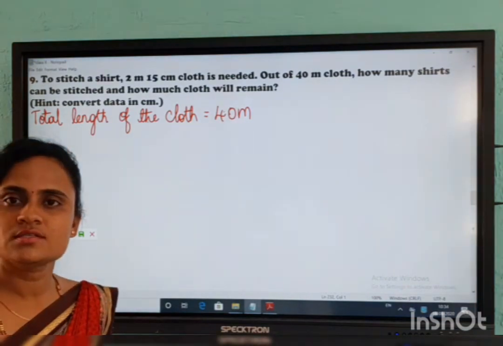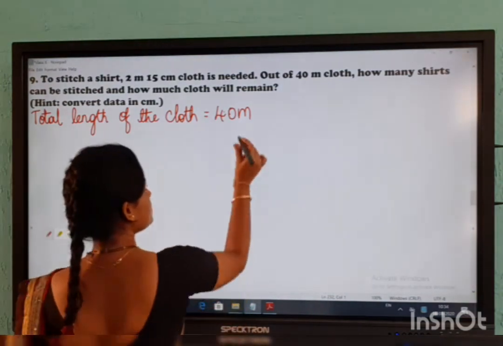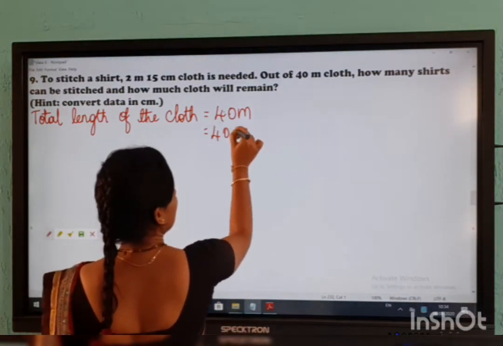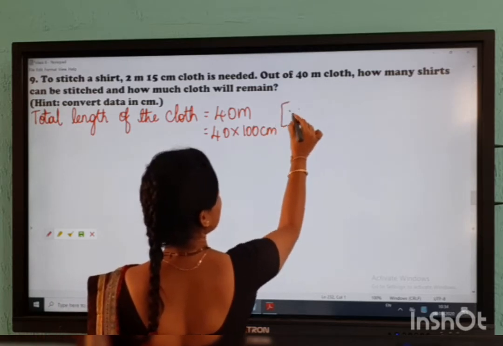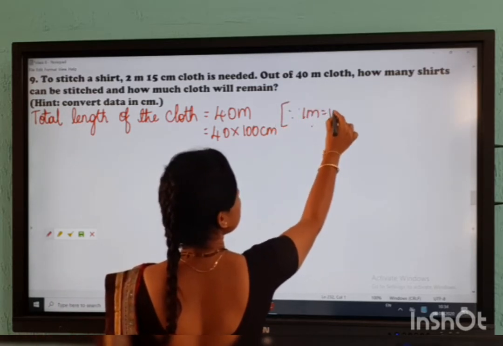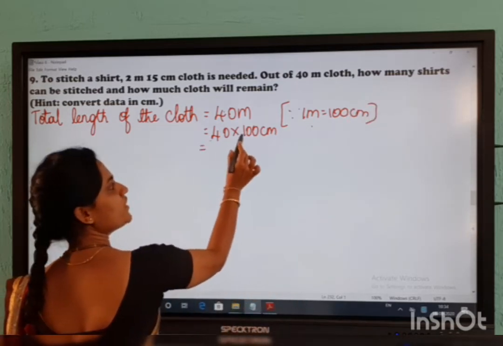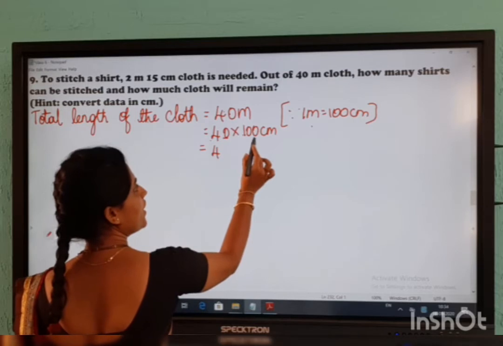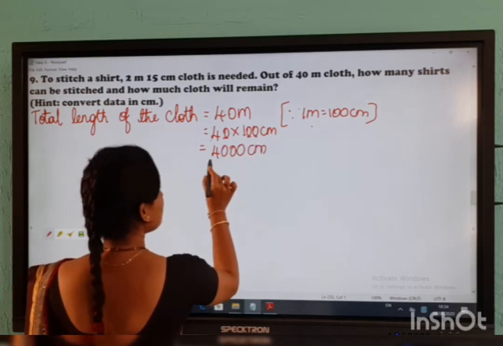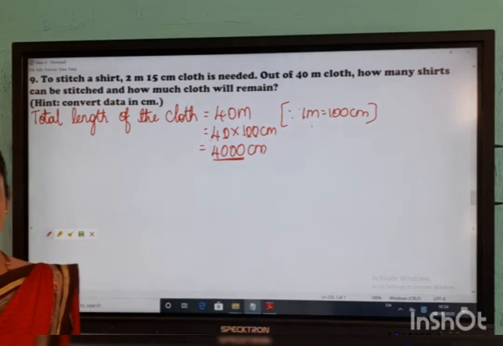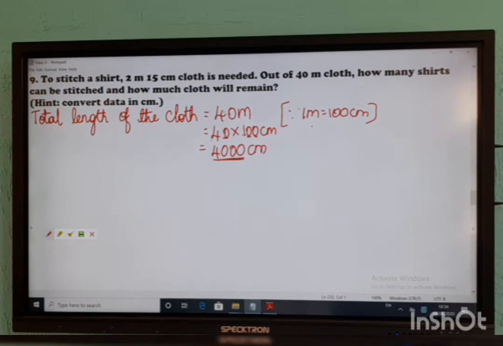Recall it fast, 1 meter equals 100 centimeter. Very good. So 40 into 100 centimeter. If you want, you can write down in the bracket, 1 meter equals 100 centimeter. So 4 1s is 4. How many zeros? 1, 2, 3. 4000 centimeter. So the total length of cloth we are having is 4000 centimeter.